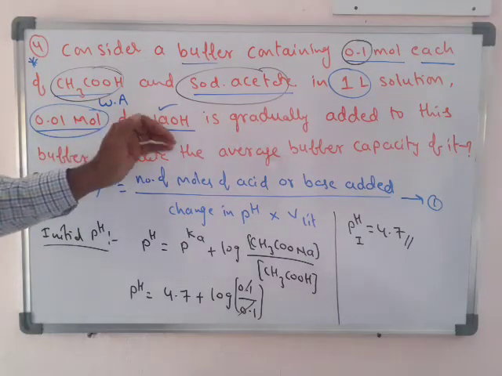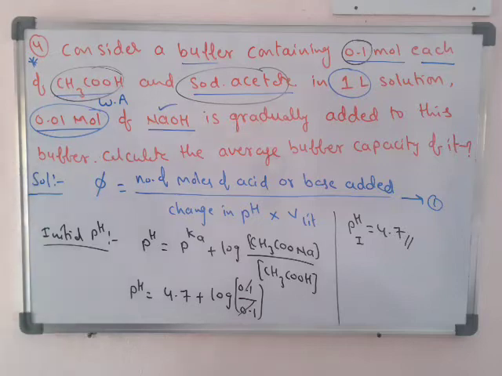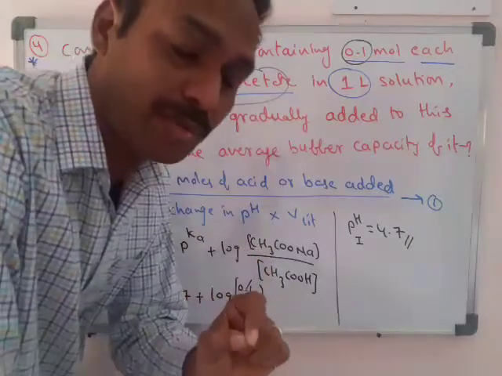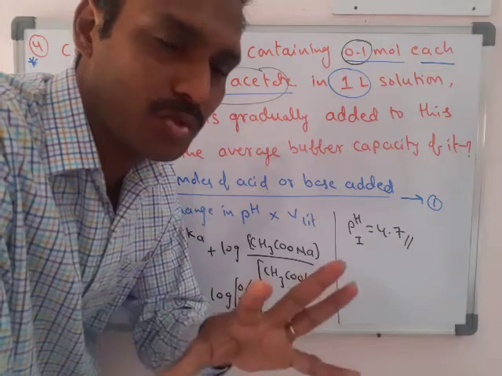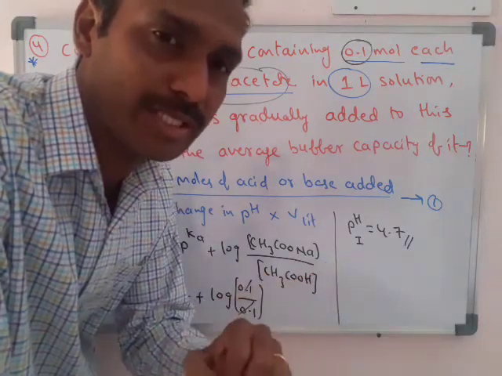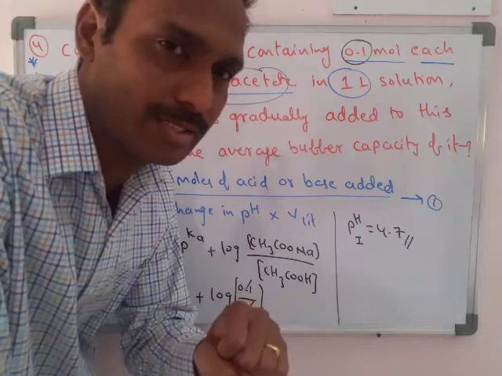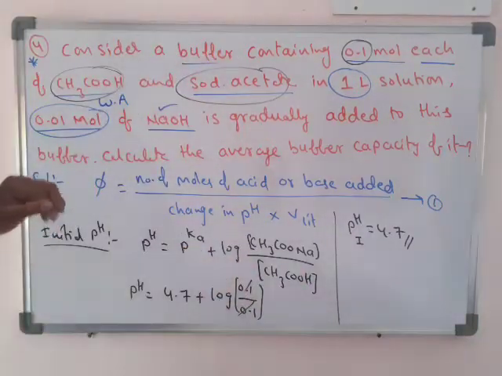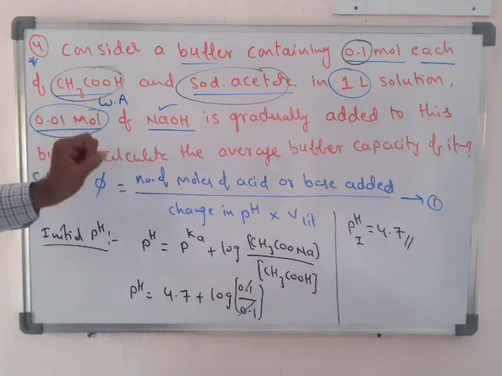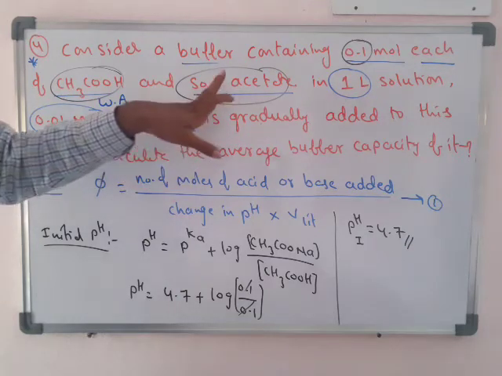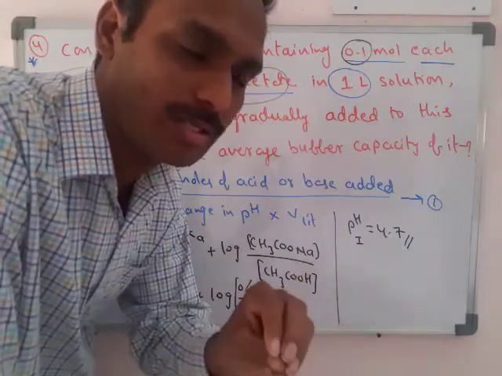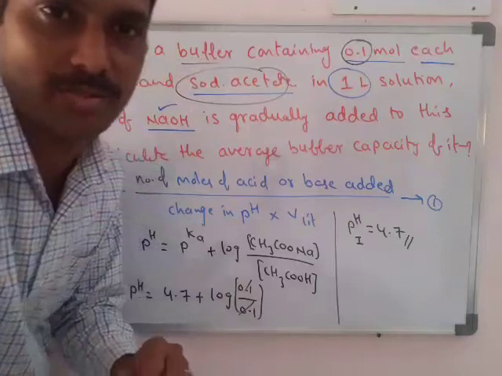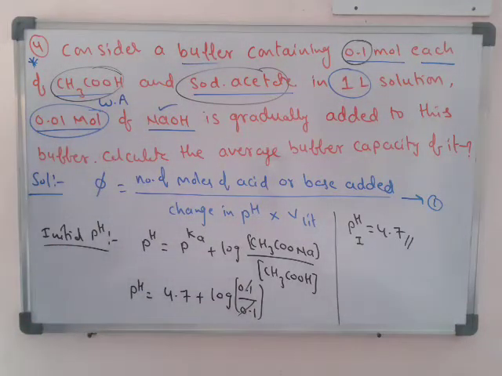We already know sodium hydroxide is a strong base. If a strong base is added, automatically the acidic strength decreases. Here the weak acid concentration decreases. Sodium hydroxide reacts to form sodium acetate, the salt. So the concentration of the salt increases and the concentration of the acid decreases. We have to know this statement well.